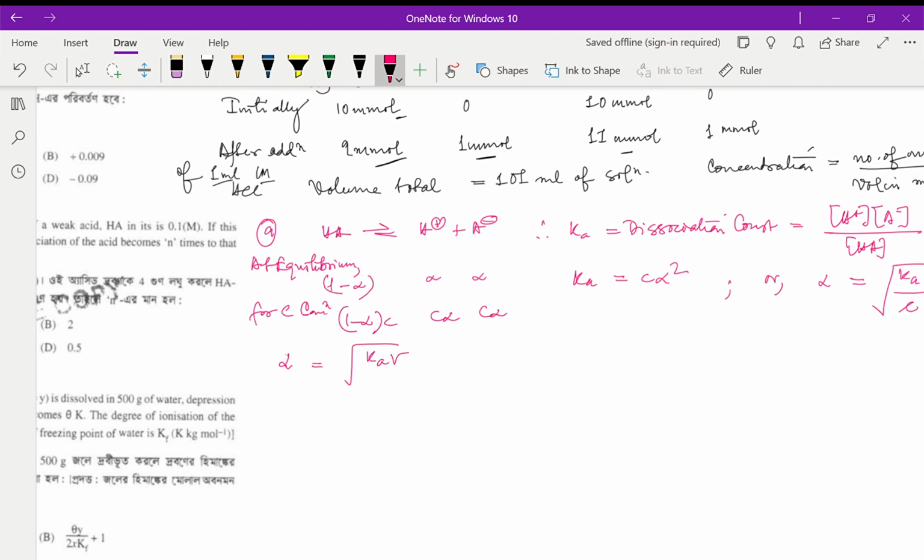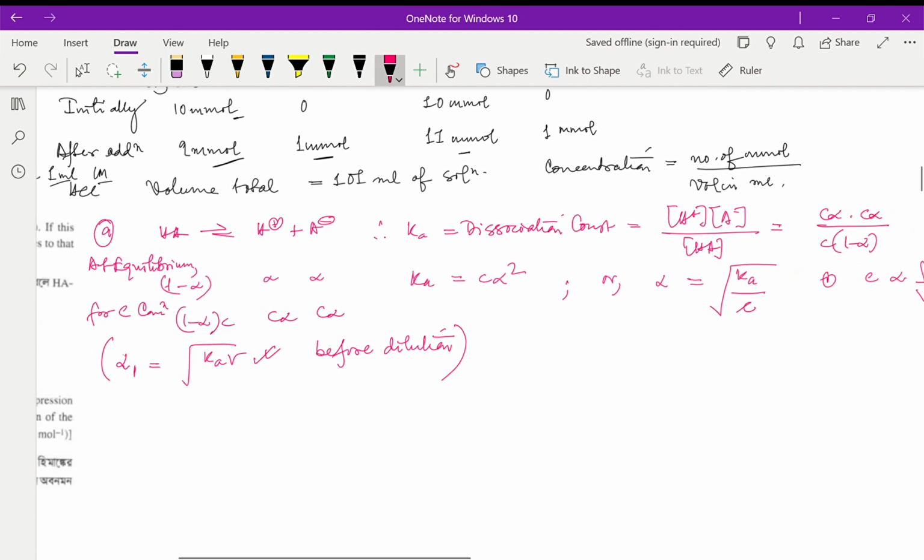This is the equation that I will use, which I derived for you so that you can get a sense of how it came. Now, suppose this is alpha 1 before dilution.